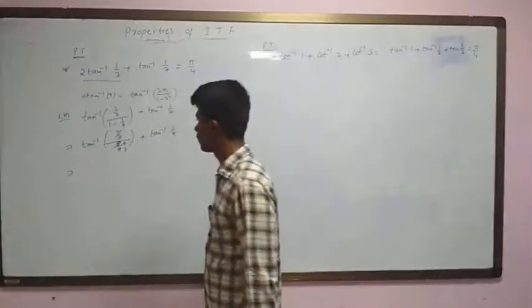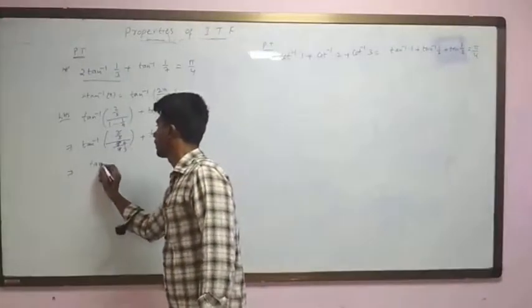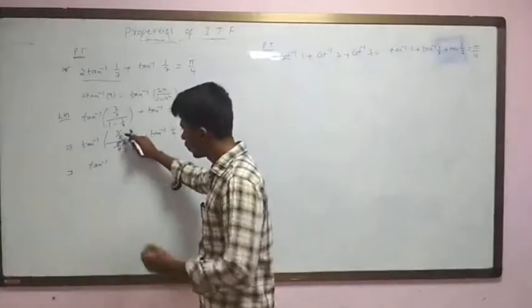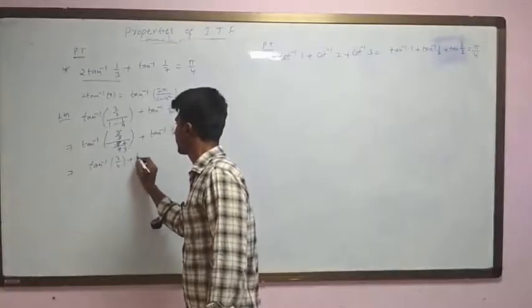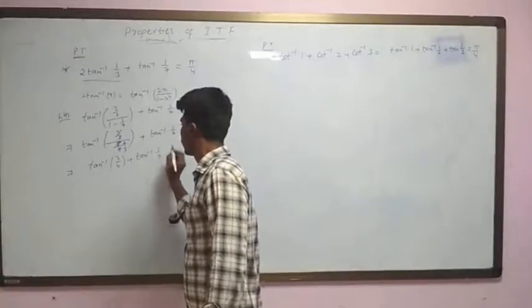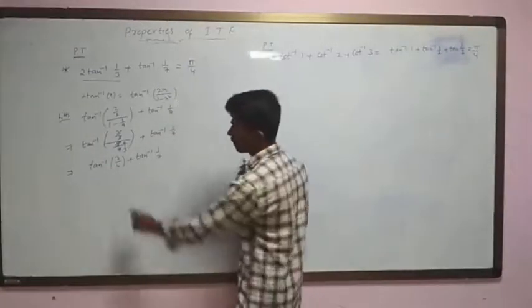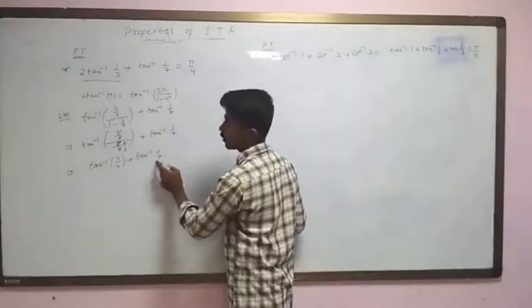Next, what do I get? Tan inverse of 1 by 4 by 3, which is nothing but 3 by 4 plus tan inverse 1 by 7. Now what I am getting is the tan inverse x plus tan inverse y formula.